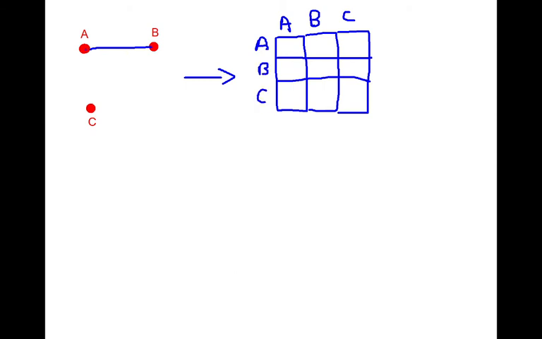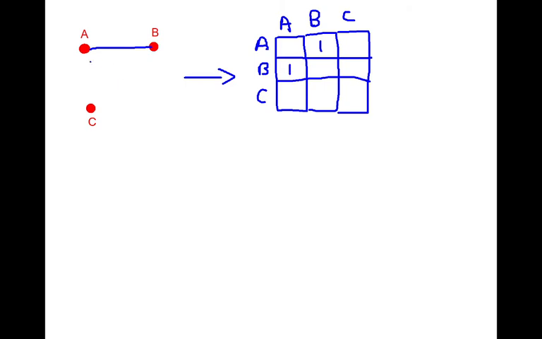Now, come to the graph. If you see here, A is connected with B, we will go to this row, and we will put 1 between A and B, right? Now, B is connected with A, we will come to this row, and we will put 1 between B and A, right?